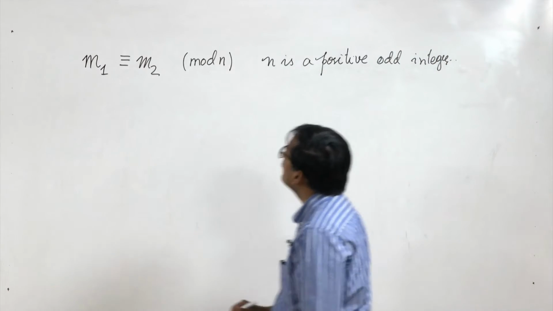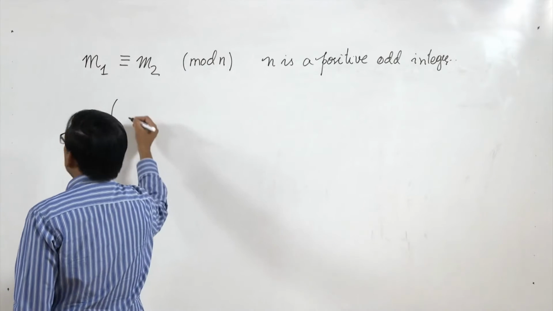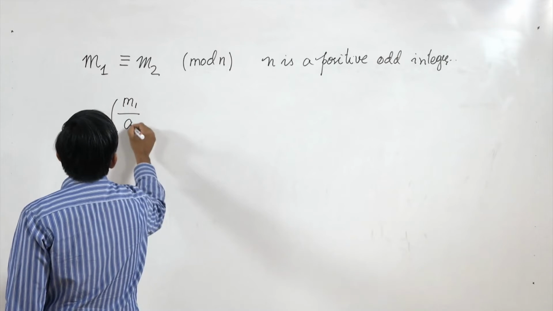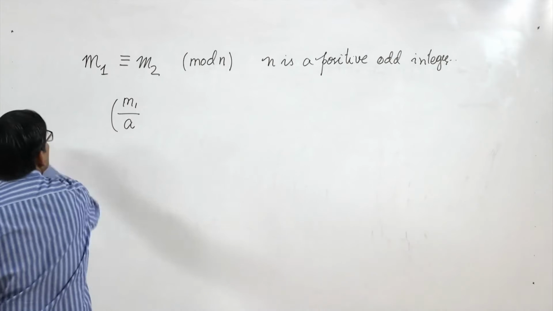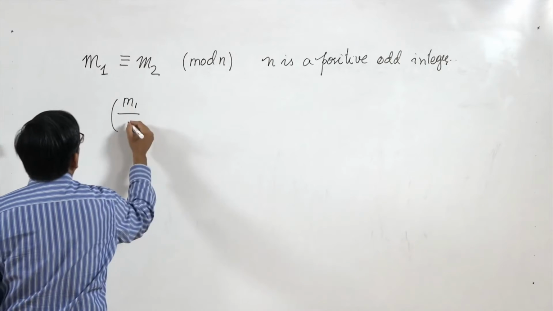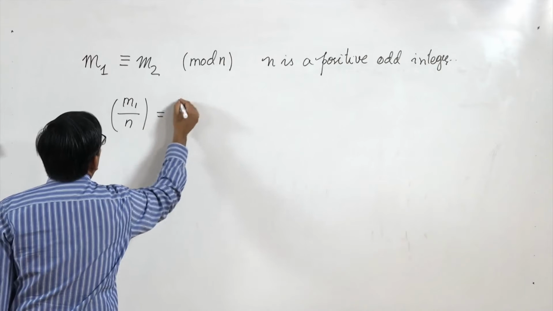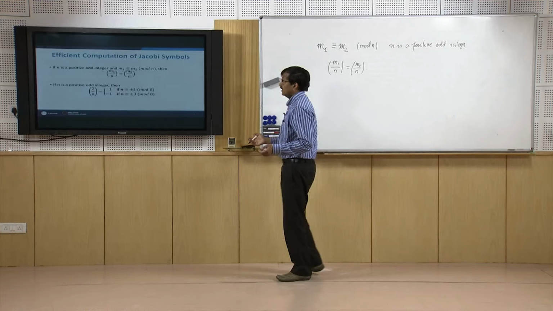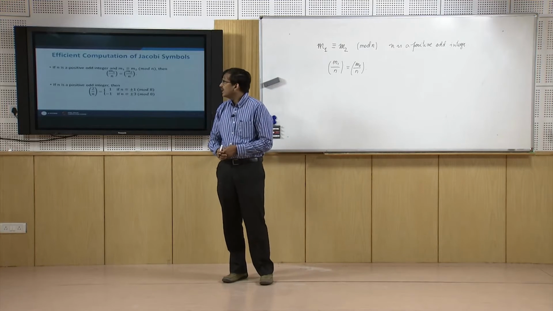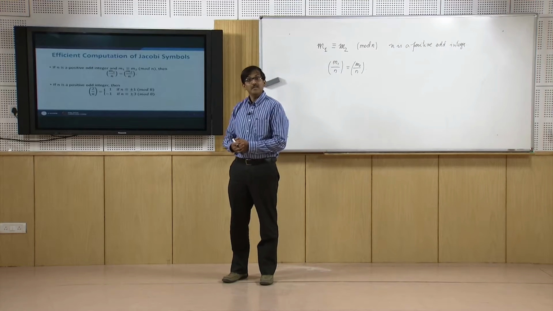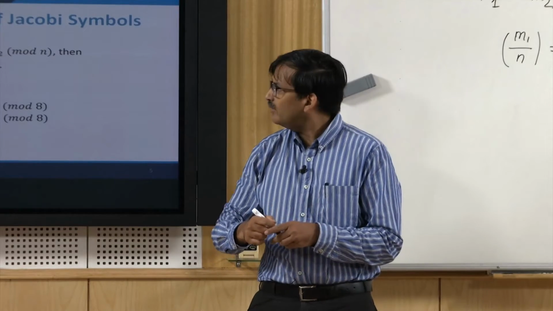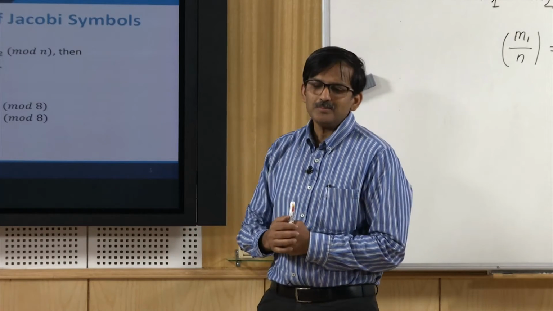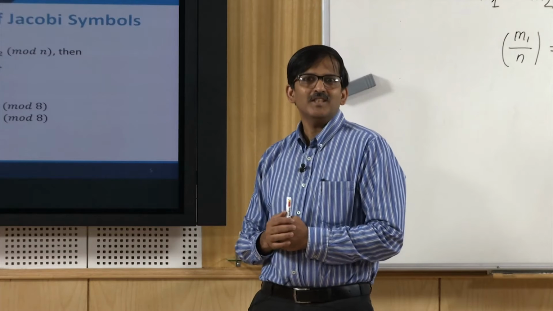Now then the Jacobi symbol m1 by n is equal to Jacobi symbol m2 by n. Okay, this is reasonable. The next property is interesting, and it lets us deal with even positive integers.